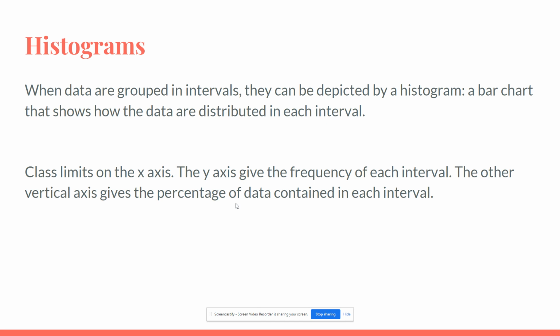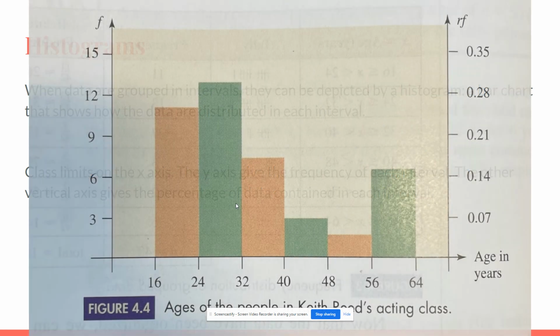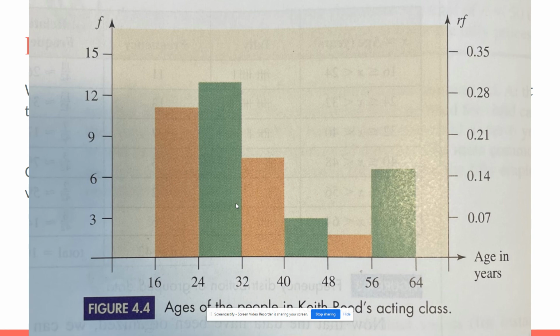So on that last one, the ages of the people would go on the x-axis. The y-axis is the frequency, so that's why we have a frequency table. And then the other vertical axis is the percentage of data contained in each interval.